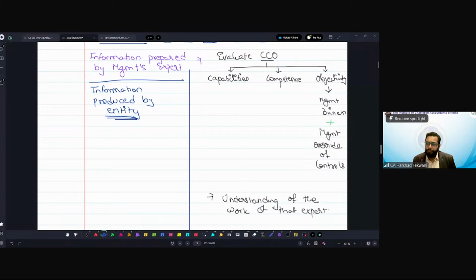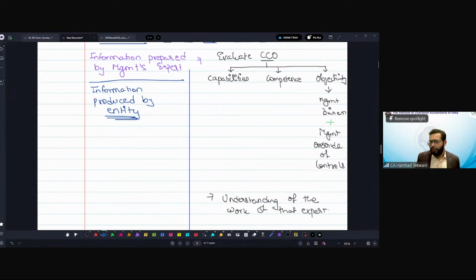Okay. So information produced by the entity is only such amount that is recorded in the books, and the external confirmation is different. So there is a reliability and accuracy problem here. Okay.